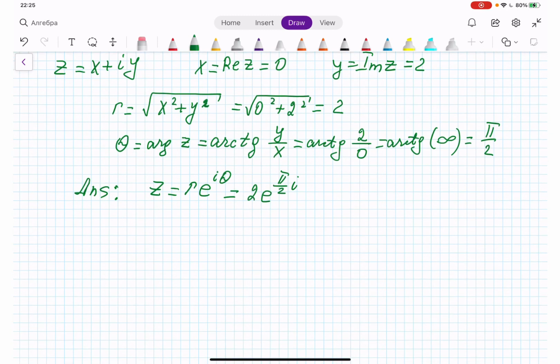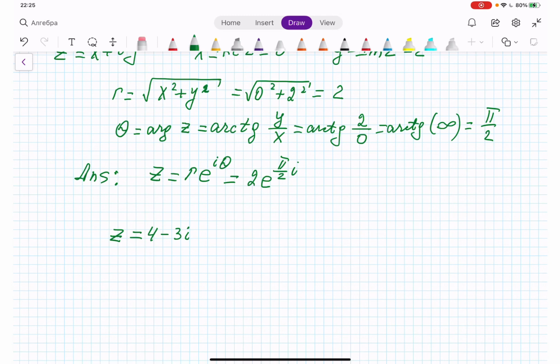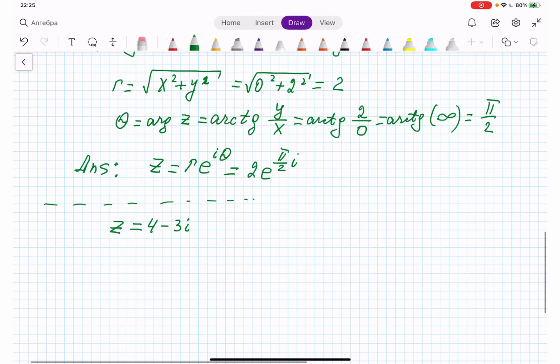Write the complex number z equal to 4 minus 3i exponentially. Okay? All right.